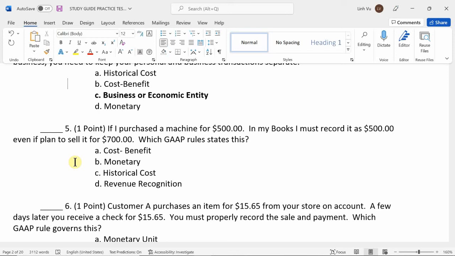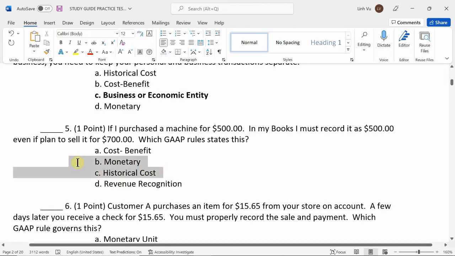Which GAAP rule states this? Historical cost. Yes, right? Even if you are planning to sell it, you're going to keep it in your books at whatever original price you purchased it at. And we call this the historical cost. Good. Okay.